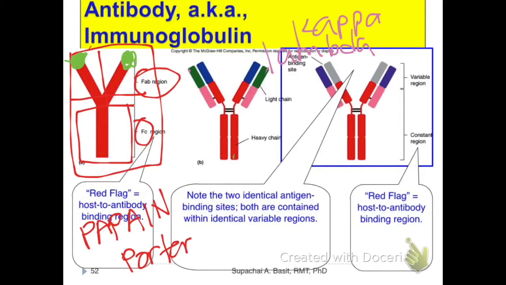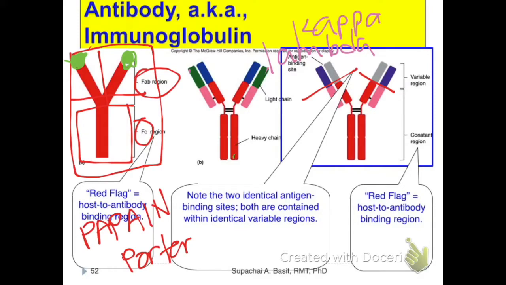The region that you see here, did you see the gray and the blue region? This is what you call the variable region, because the amino acid varies. That's why it's called the variable region. And then the region that you have here is the constant region. That's why there are 4 domains in immunoglobulins.